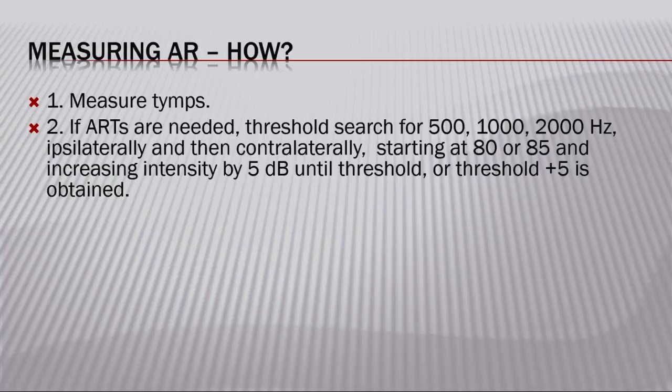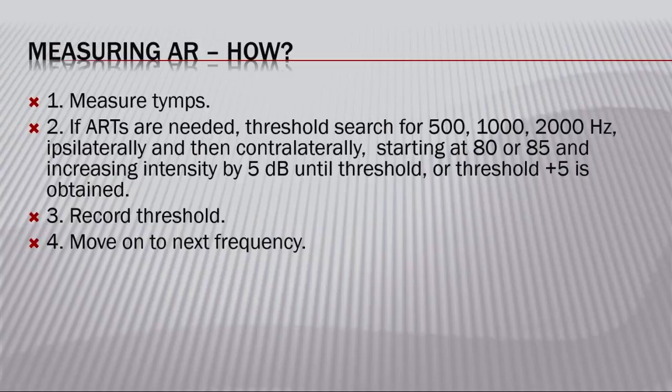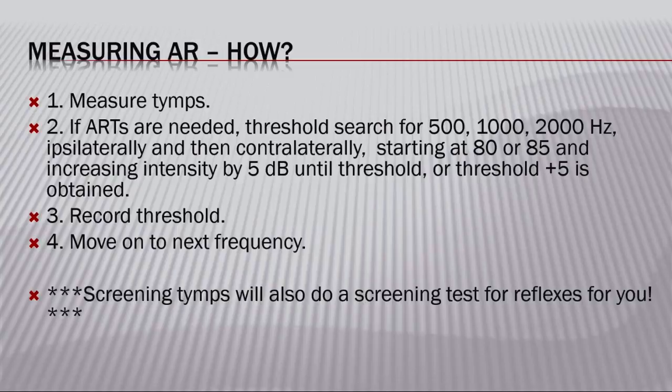If you want to obtain acoustic reflex thresholds, you're going to do a threshold search at 500, 1000, 2000 hertz, ipsilaterally, and then contralaterally for each ear, starting at 80 dB, and then you increase the intensity by 5 dB until you find threshold or threshold plus 5. And then you record the threshold. Either you print it out or you write it down on the audiogram. And then you move on to the next frequency.